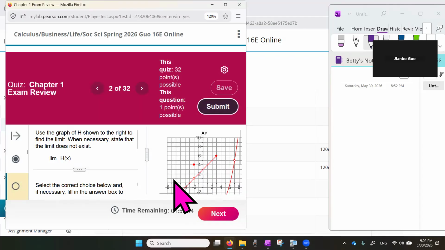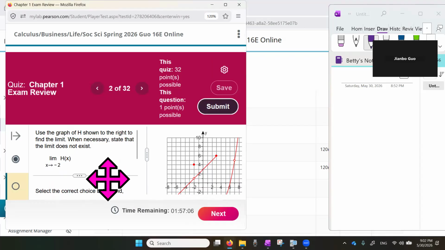Next, question number 2. This one is to use the graph to find the limit of h as x approaches -2. -2 is right here. As you can see, the function has a hole on the curve, but the function is defined at -2.